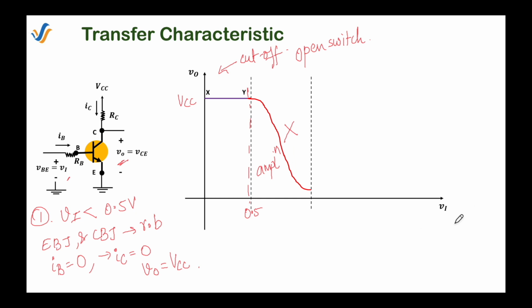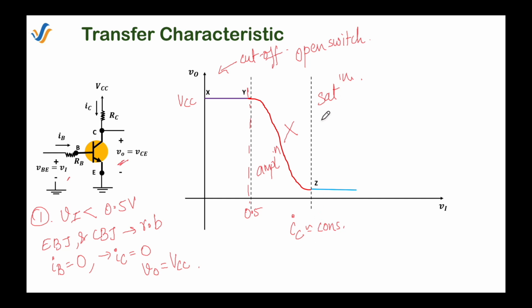Let's increase the input voltage further and see what will happen. If we keep on increasing, we will get a constant output voltage and a constant output current, and this region is called the saturation region. The output current becomes saturated and is nearly constant. Do you know why the output current becomes constant in the saturation region? You can reply to me in the comment section.